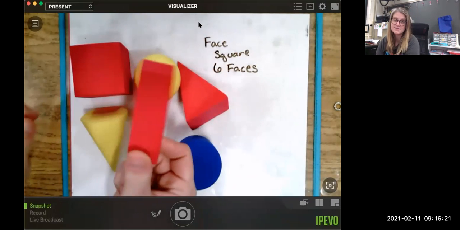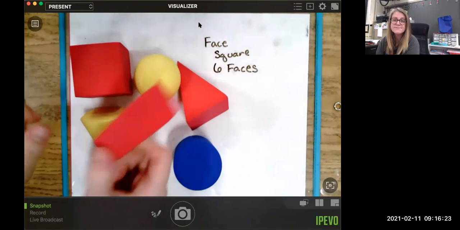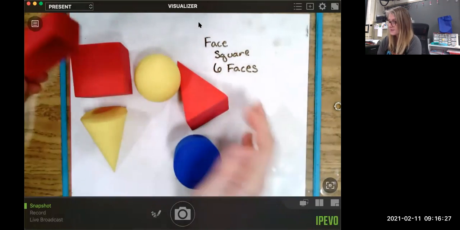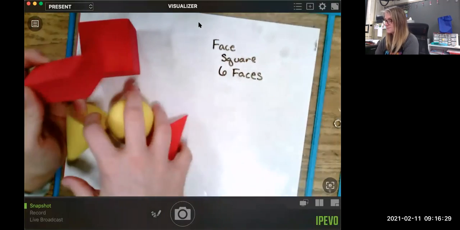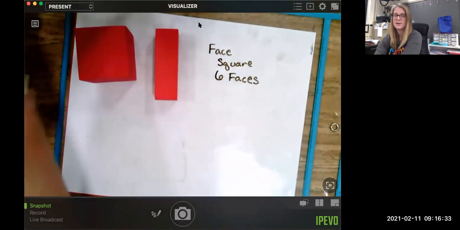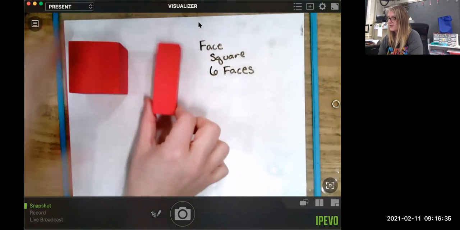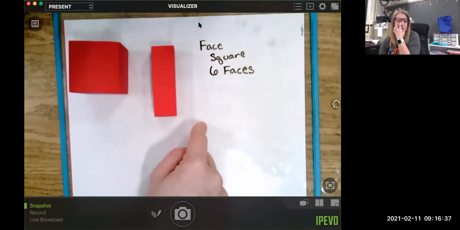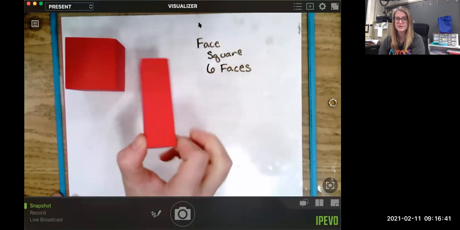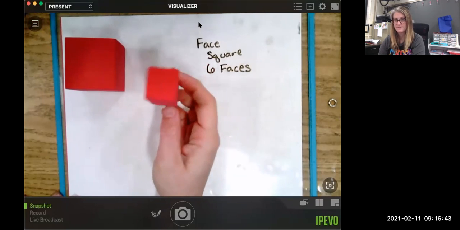Does anyone know what this solid is called? This solid is a rectangular prism. So we have a cube and a rectangular prism. This solid has 6 faces, but 4 of them are rectangular and 2 of them are square.